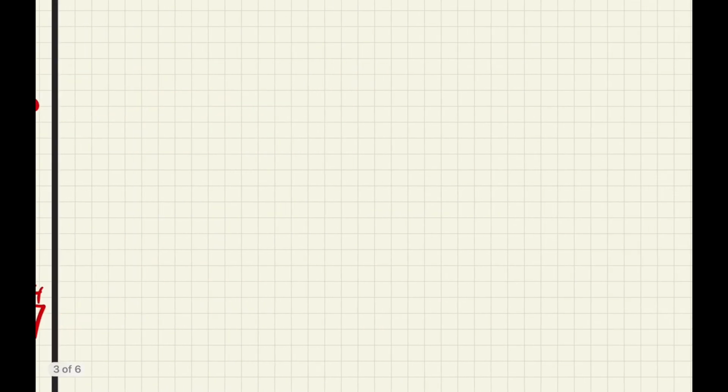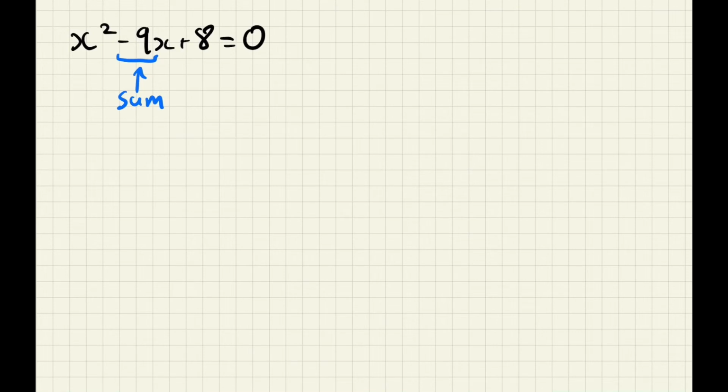Excellent. Now let's look at another example. Let's say this time we have x squared minus 9x plus 8 is equal to 0. Once again, same process. We need to find two numbers. They need to add to give minus 9 this time, and they need to multiply to give positive 8 this time.